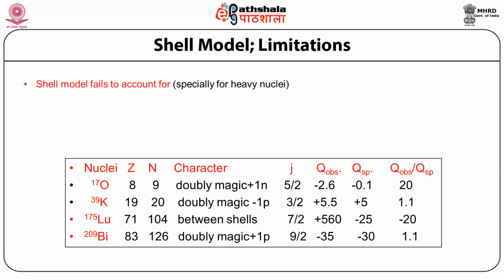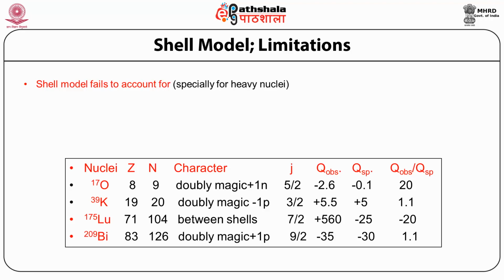Shell model limitations. Up to now we have seen the spherical shell model and the deformed shell model, and we concluded that the shell model as well as the deformed shell model are helpful in predicting the ground state spin and parities of nuclei.